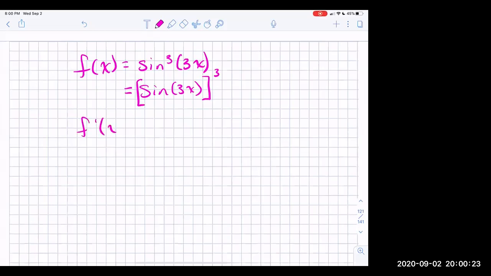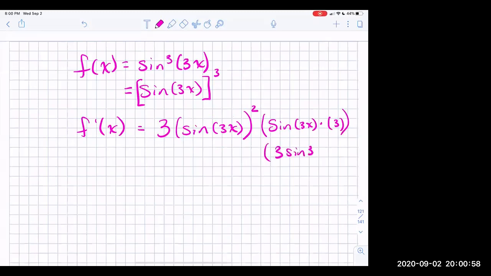So f prime is then 3 sine of 3x to the second power, right? But what's the dip? All of this, sine of 3x, another composite function, huh? So what's the derivative of sine of 3x? Well, it's sine of 3x times 3, or 3 sine 3x.